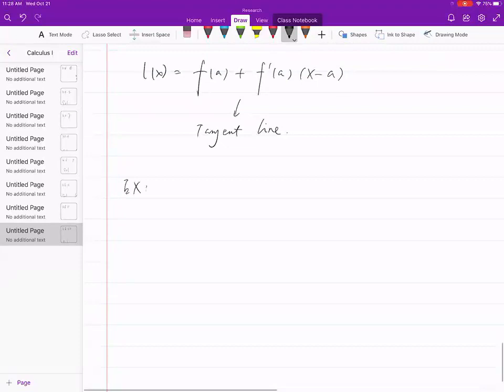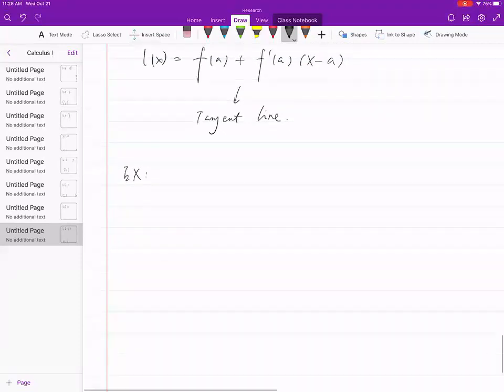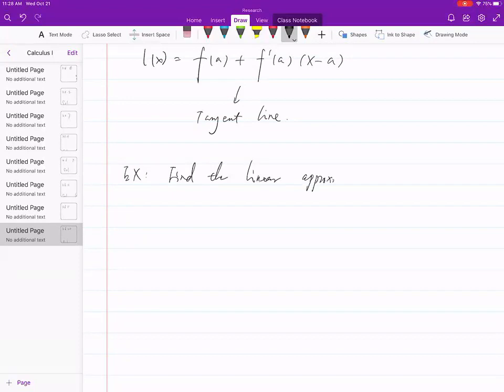Let's do one more example, and we're good with that. Find the linear approximation of the cube root of x at x equal to 8.